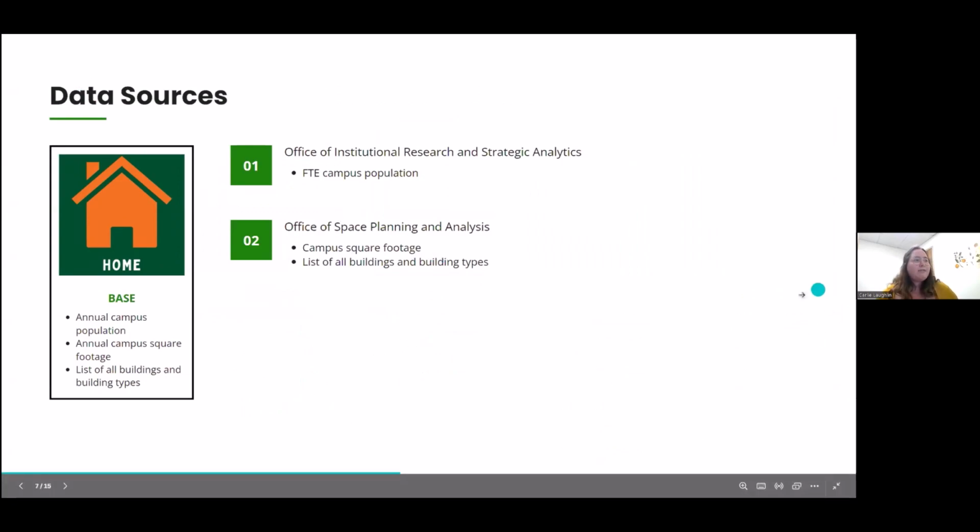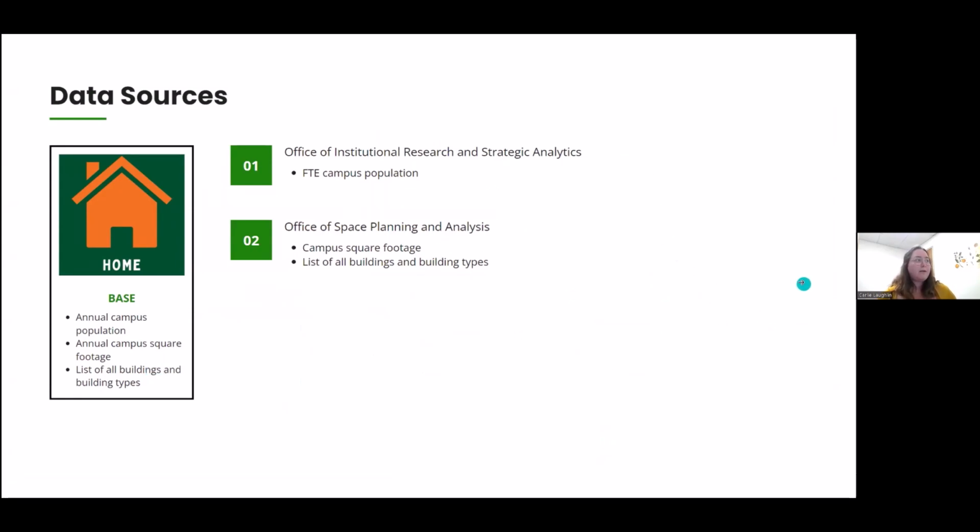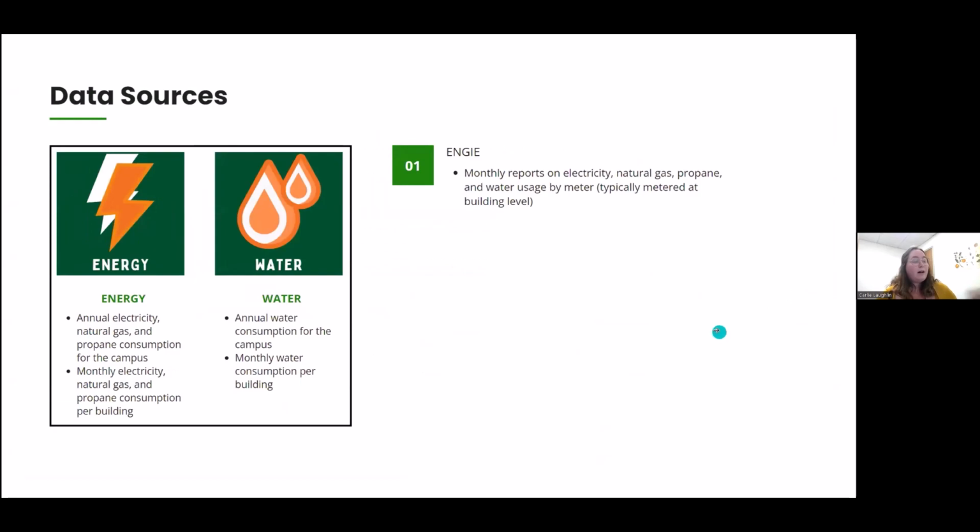I got our data from a few different sources. Most of it ended up coming from offices on campus here. Other data sources ended up coming from our utility provider, FPL. They work closely with Engie, so I was able to get those monthly reports sent to me.